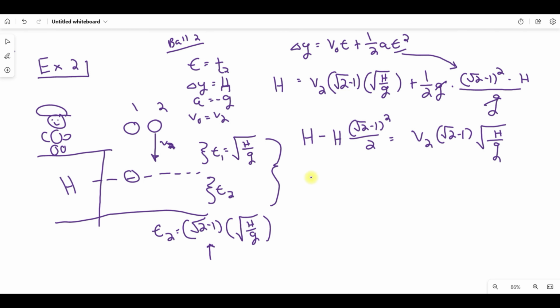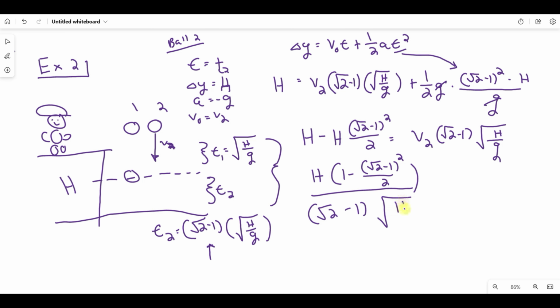Factor out the h times 1 minus the square root of 2 minus 1 squared over 2, over the square root of 2 minus 1 times the square root of h over g, is equal to v2. And that is your final answer.